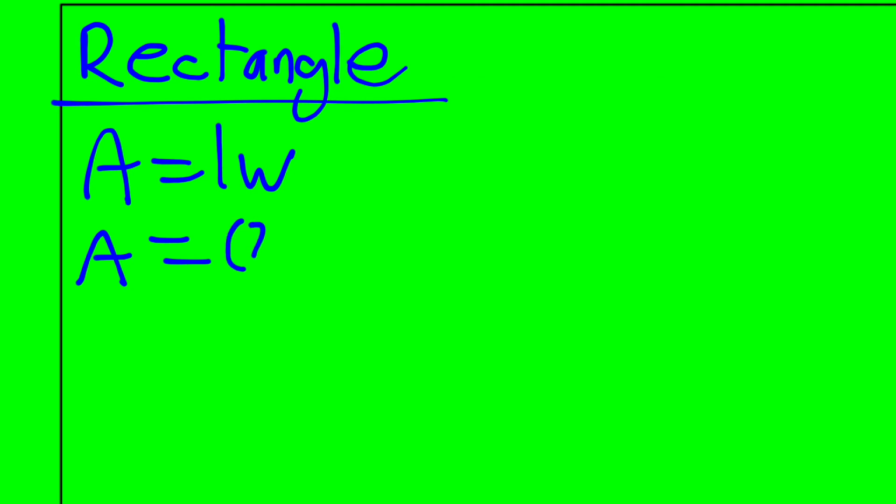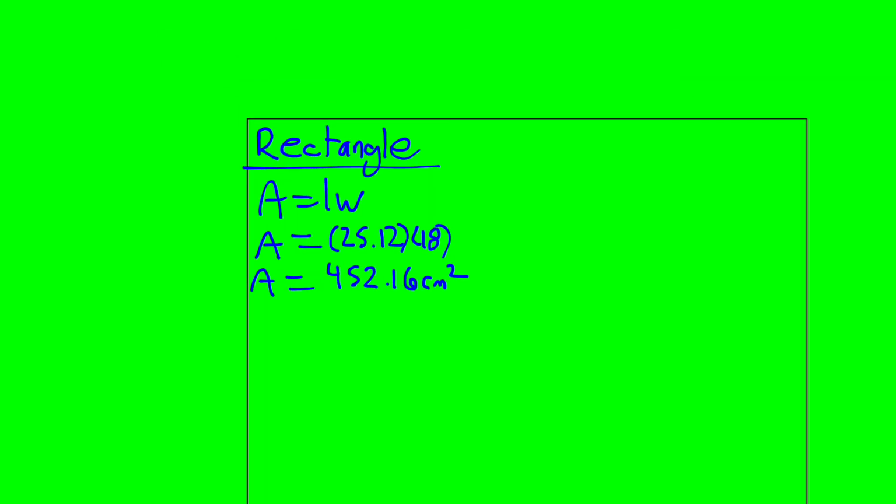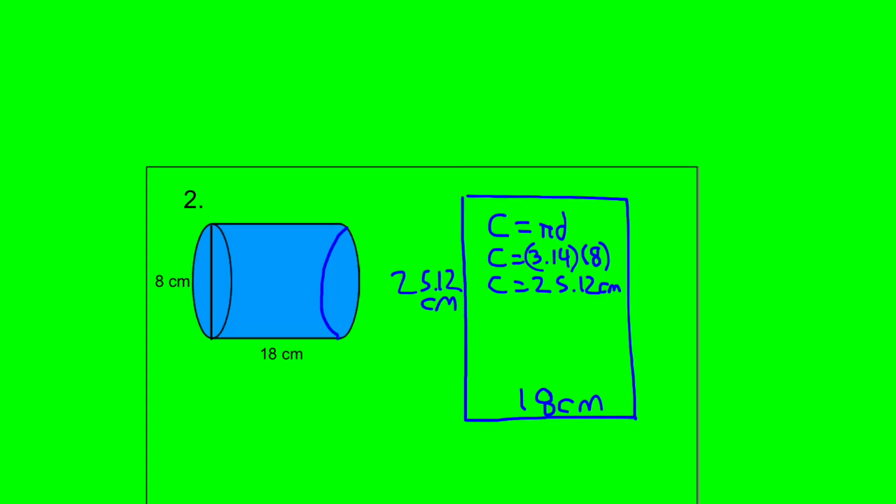So I'm going to do 25.12 multiplied by 18. And when I work that out, I'll have the area of the rectangular part. So 25.12 times 18, and I get 452.16 centimeters squared. That's the area of the rectangular part of this cylinder.